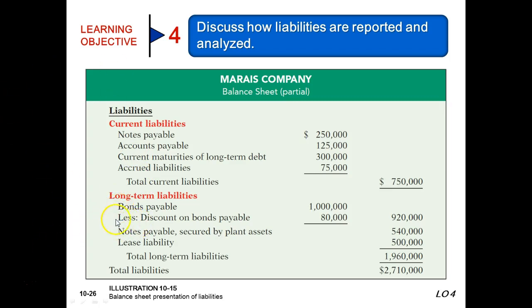We would subtract the discount in this case, and we would add a premium. So hopefully this review will help. I would take some notes and make sure that you understand the bond terminology, things like callable, secured, unsecured, what those terms mean. Also that you know the journal entries.